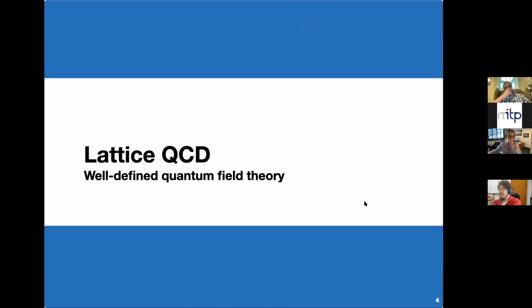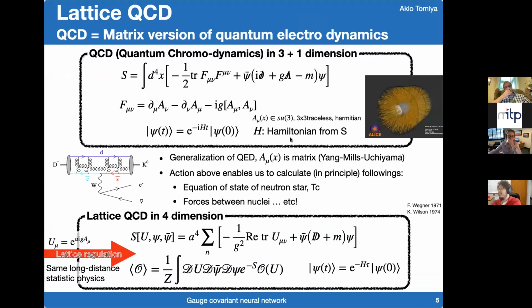Okay, so let me start from a very basic thing. Most of us are interested in QCD, and QCD is described by this really simple Lagrangian action, and every quantity is calculated by using this Hamiltonian.